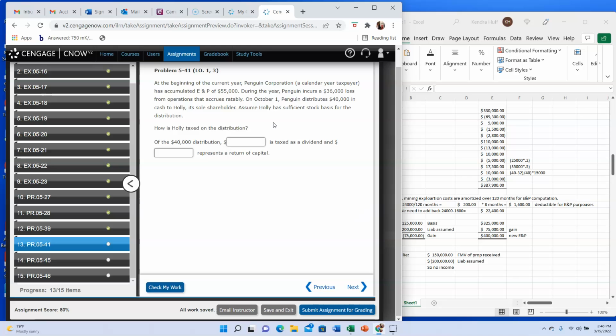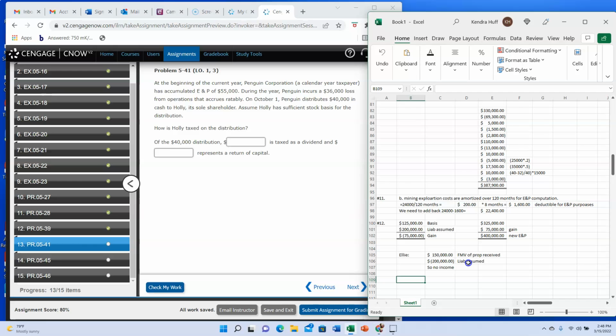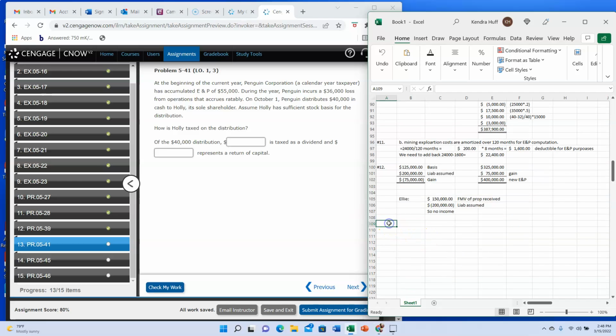Okay, so she got it on October the 1st. So we have to figure out how much income there was at that point. So I got 36,000. Oh, it's a loss. I'm sorry.